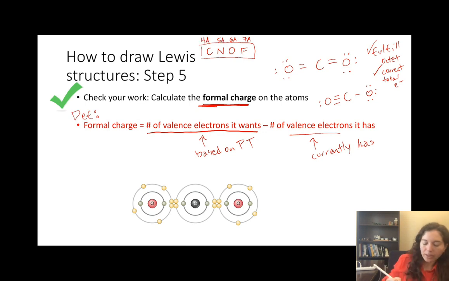So that could be 14, 15, 16, 17, or 4A, 5A, 6A, 7A. So what we're seeing here is that carbon wants 4 valence electrons around it. So it wants 4 total. And our oxygens want 6. So we need to try to fulfill these as best we can. So we're going to calculate our formal charges.